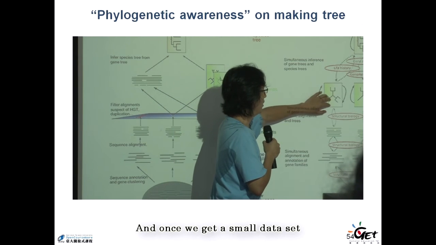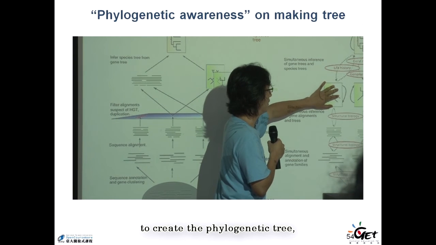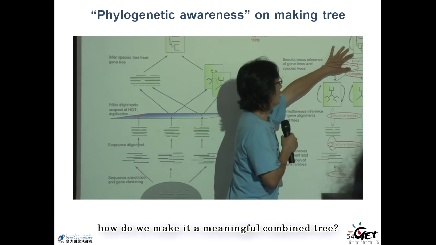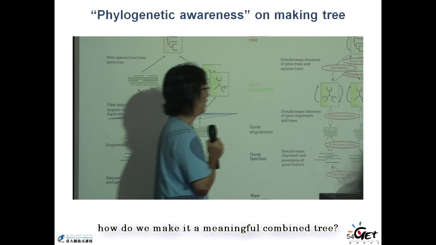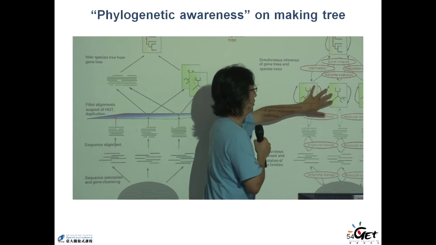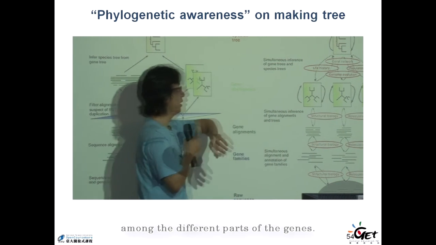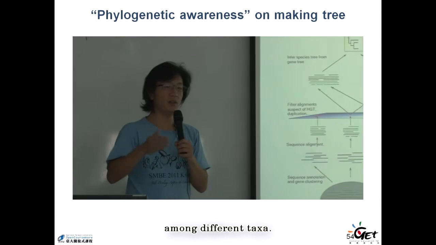And once we get small data sets to create the phylogenetic trees, how do we make a meaningful combined tree? We need to know the genome evolution among the different parts of the genes, and we also need to know the life history information among different taxa.